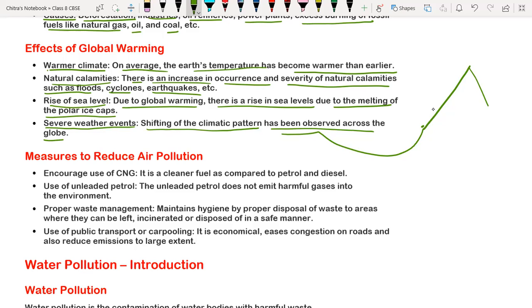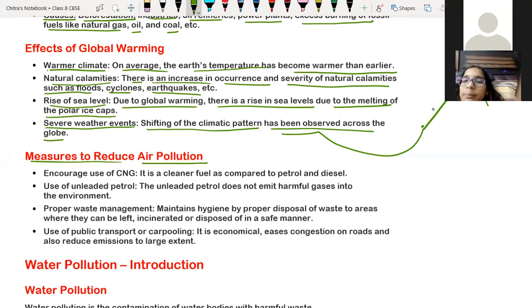Now we have to understand how to reduce air pollution. So now we have to understand measures to reduce air pollution, so that global warming and other air pollution will not take place in future. We have to take proper measures to reduce air pollution.